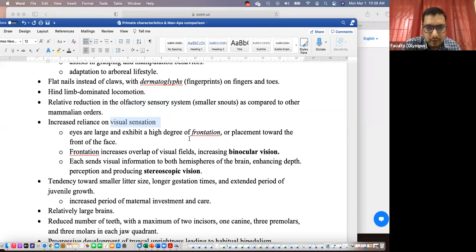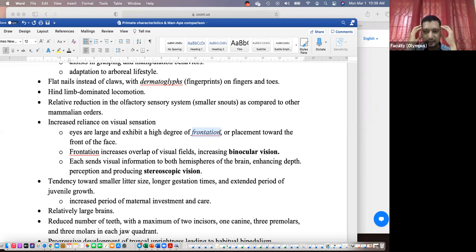One, frontation of eyes, the location or positioning of eyes. Think about goats, for example, and think about dogs. Where are the eyes placed in the dog? They have snouts.